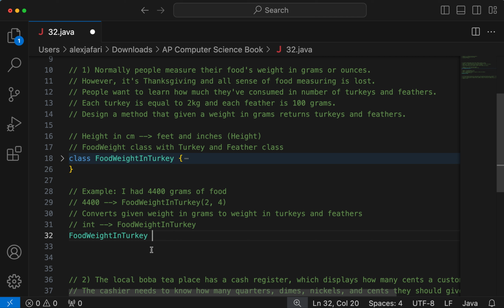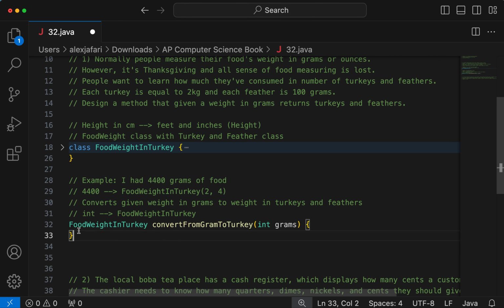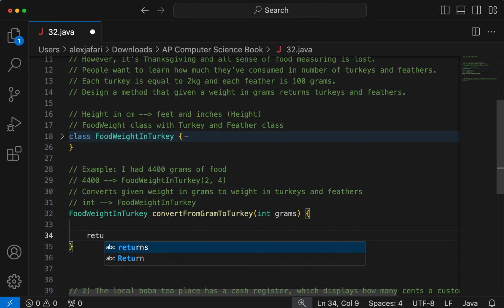We need the function name, right? It's going to be convert from gram to turkey. So this is our signature. And we know that it definitely expects a return statement, right? That's going to be food weight in turkey.